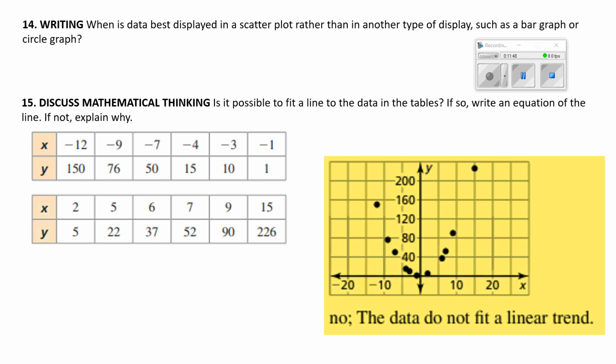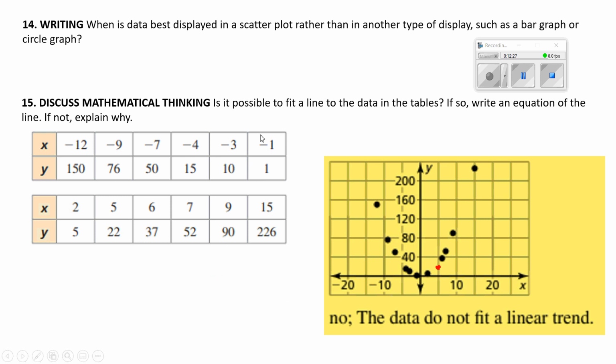Then 6 and 37, and 7 and 52. Yeah. And then 9 and 90. Yep. And then 15 and 226. Yep. So the only thing missing that I'm seeing is this 5 and 22. Looks like they forgot to put it in. I'm going to put it in for them. Since this is 40 up here, 22 is just going to be a little bit above half. All right, so there should be a dot here as well.